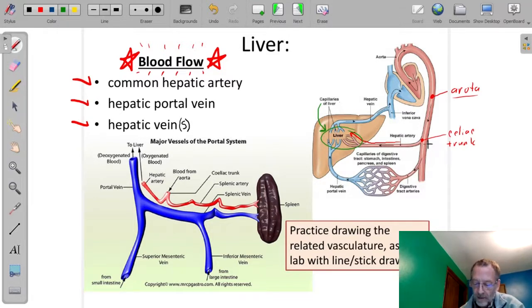The other blood flow to the liver is coming from the intestines. If you can read the small print here, you may have to enlarge it on your computer, zoom in, but it's capillaries of the digestive tract, stomach, intestines, pancreas, spleen, etc. So this is coming from the digestive system.